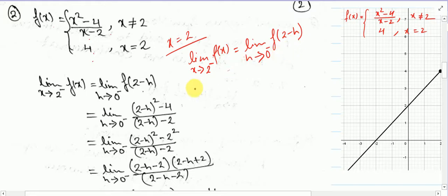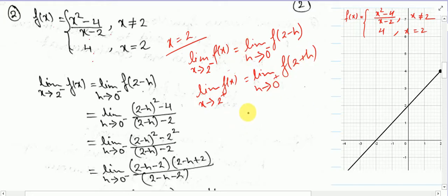Then you have to find your right hand limit, x tends to 2 from the right hand side of f of x, then limit h tends to 0. So you have to find these two, and you have to find the function value also. If you find that all these three are equal, then we'll say it's continuous.